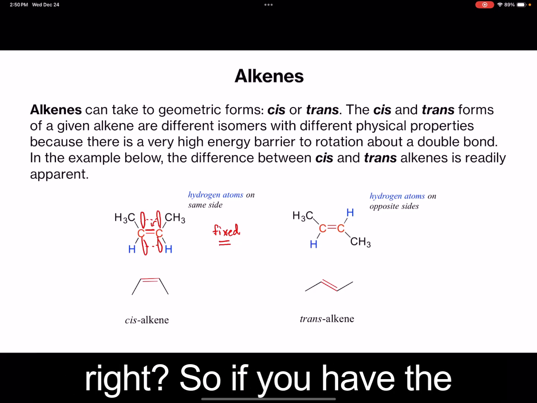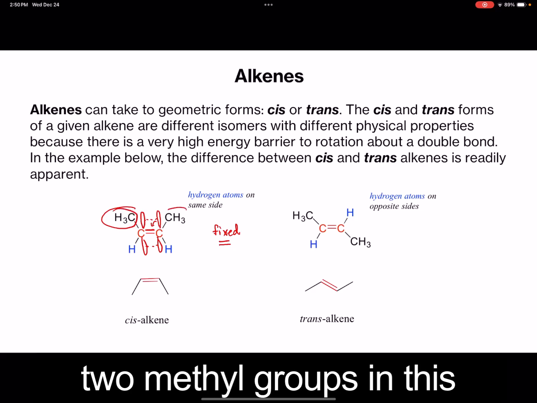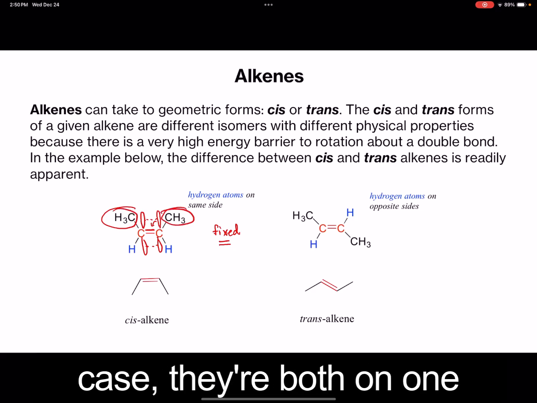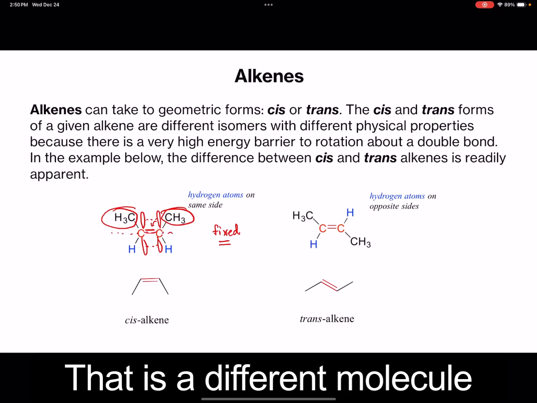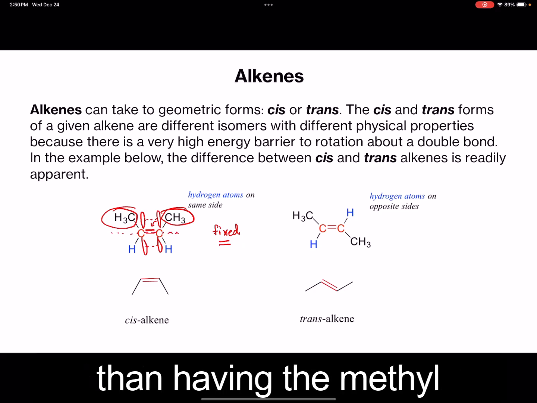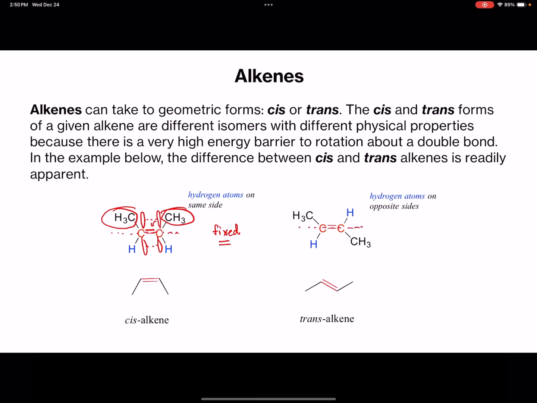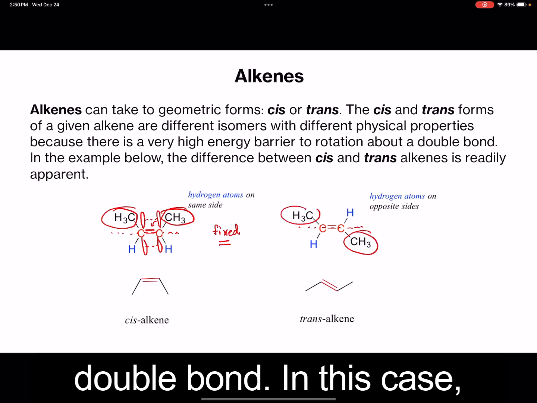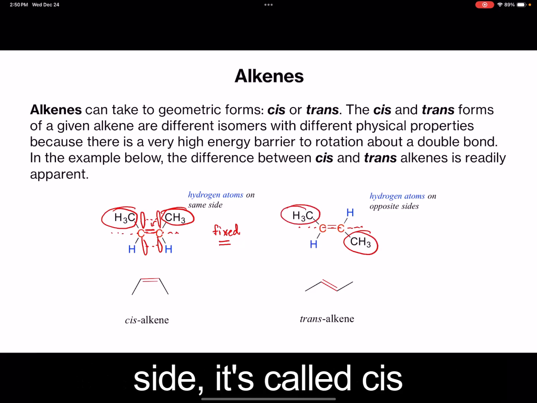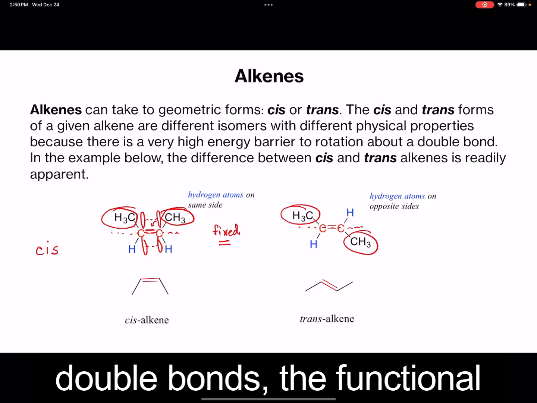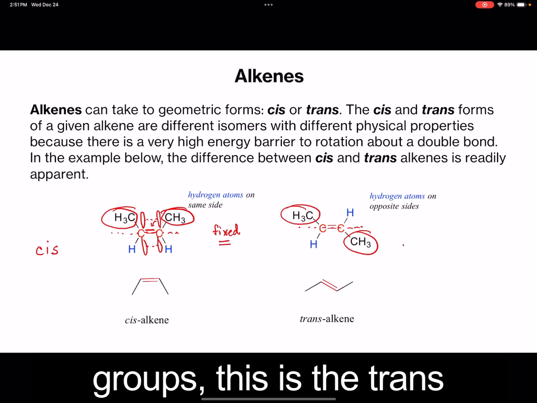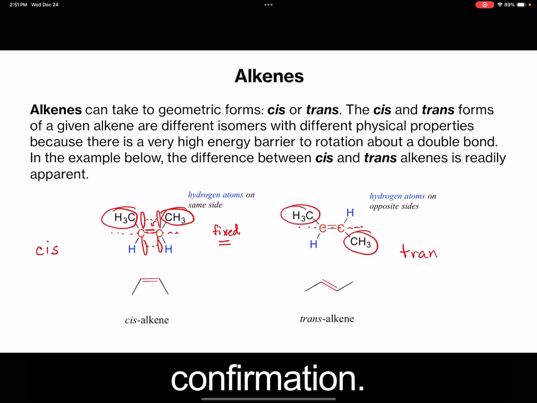If you have the two methyl groups in this case, they're both on one side of the double bond. That is a different molecule than having the methyl groups on either side of the double bond. When they're on the same side, it's called the cis conformation. If they're on the opposite sides of the double bond, this is the trans conformation.